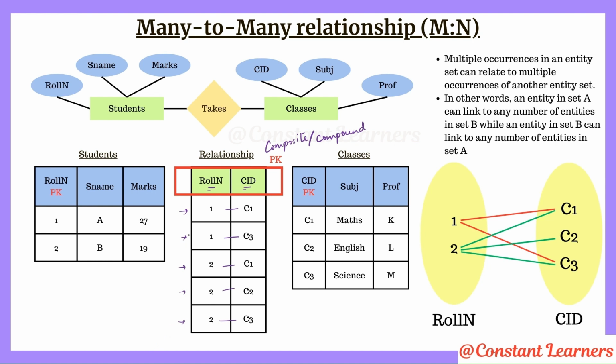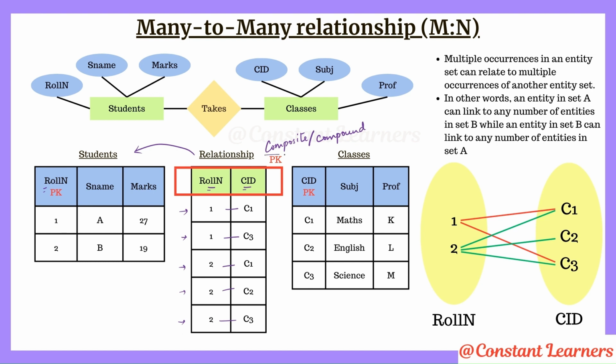Now in the previous types, that is one-to-one, one-to-many and many-to-one, we also used to reduce the tables. We used to merge the tables. But in this case, can we combine this relationship table with the students table? No, we cannot, because here roll number is supposed to be unique, but in the relationship table, roll number is not unique. So we cannot merge these two tables together.